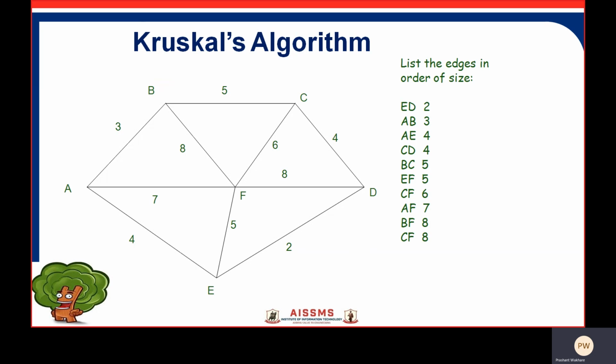Each edge has been assigned some distance, or you can say a weight. Now we have to find the minimum spanning tree using Kruskal's algorithm.